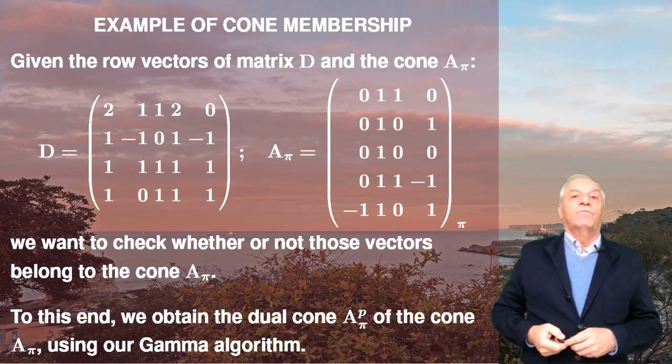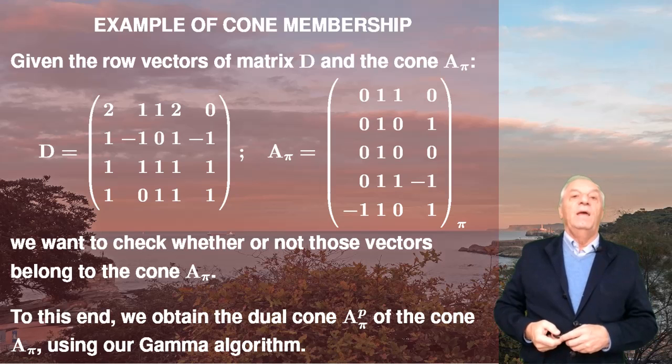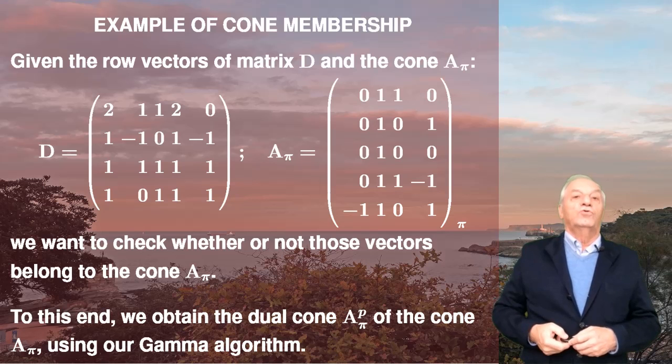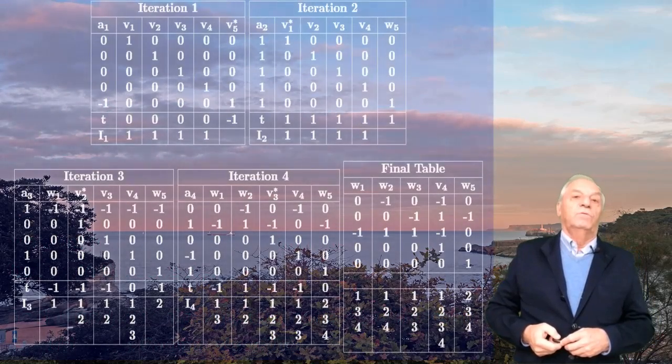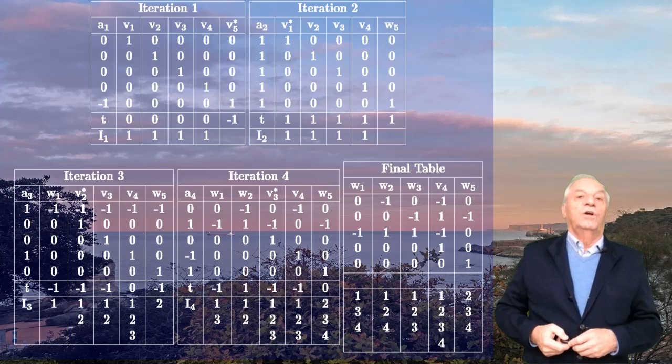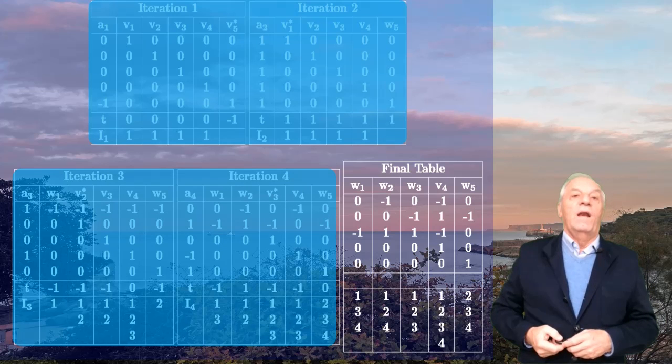Given the row vectors of matrix D and the cone A pi, we want to check whether or not those vectors belong to the cone A pi. To this end, we obtain the dual cone A pi super P of the cone A pi using our gamma algorithm that gives these tables, where we have introduced the cone column generators one by one, in iterations 1 to 4.